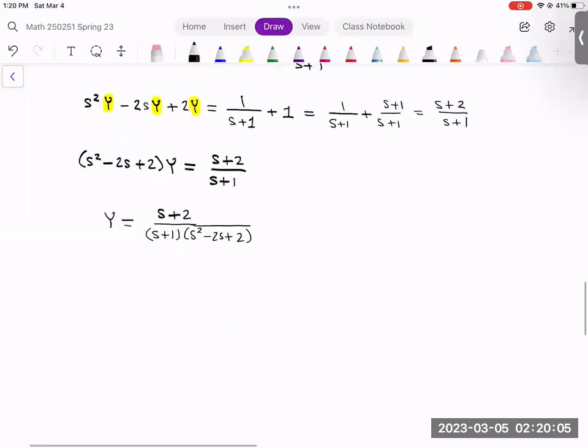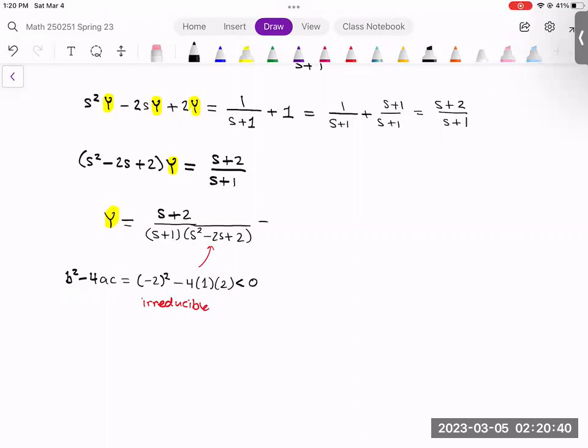Okay, so it's probably time for us to consider whether we can factor s squared minus 2s plus 2. And a quick look at the discriminant, b squared minus 4ac, or negative 2 squared minus 4 times 1 times 2, tells us that this is irreducible because it's less than 0.